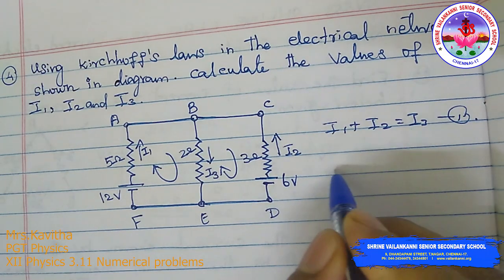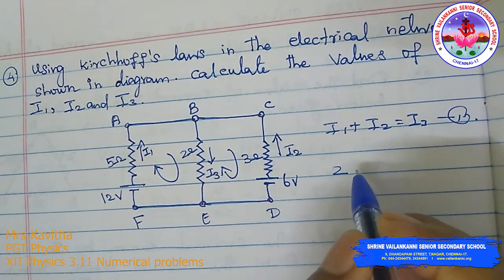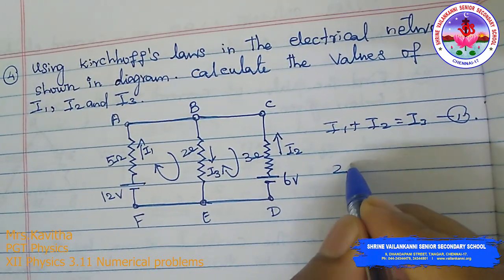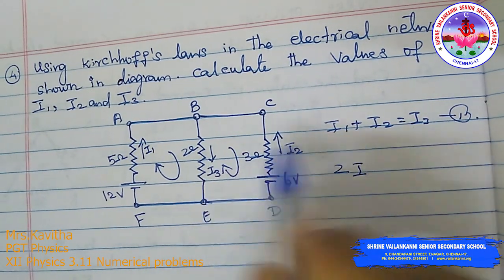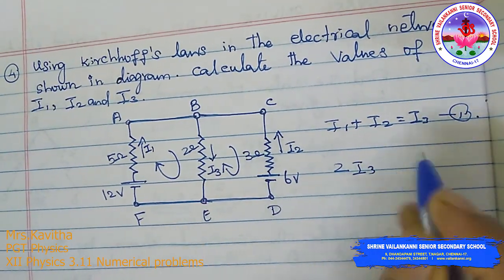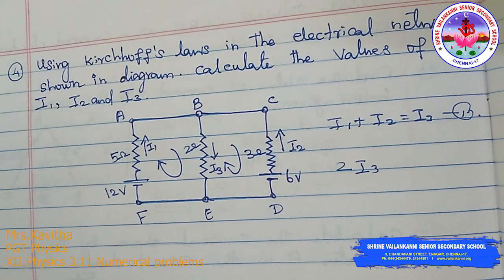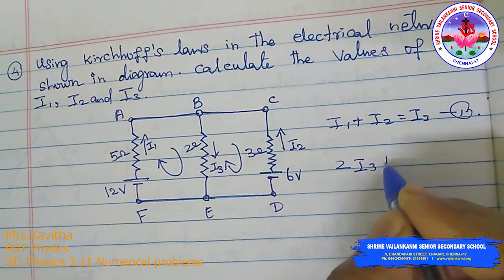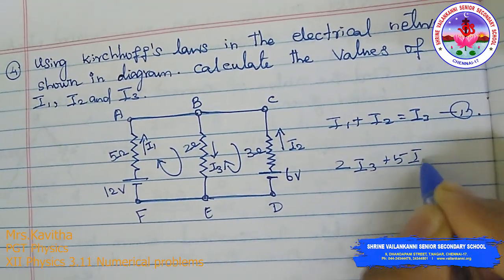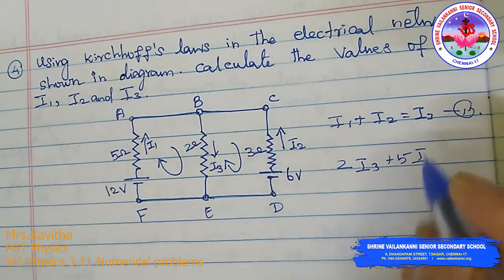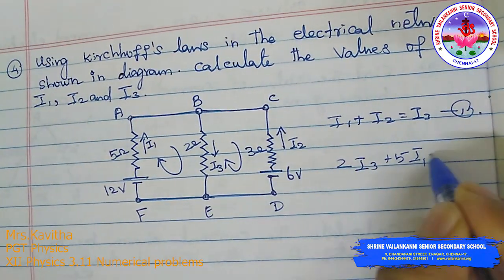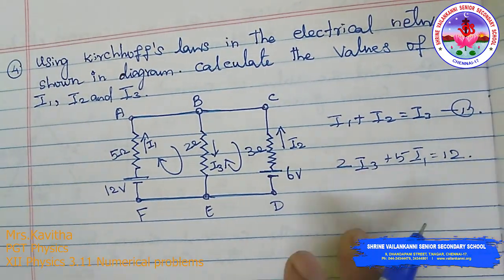Now for ABEFA, we get 2I3 plus 5I1 equal to 12.